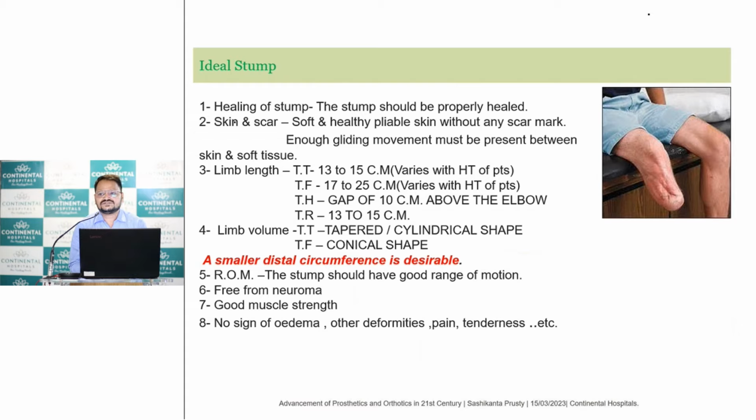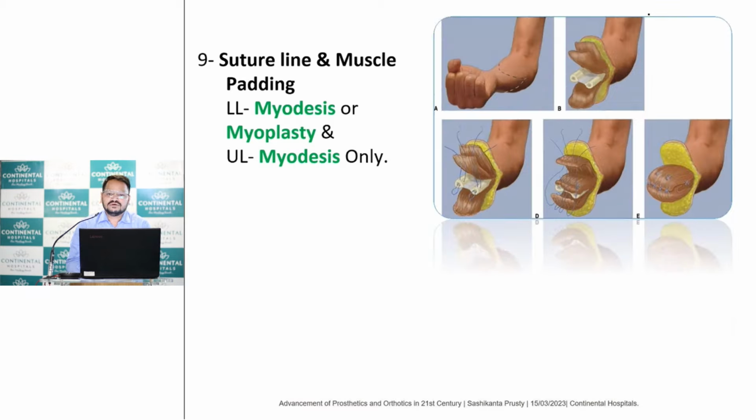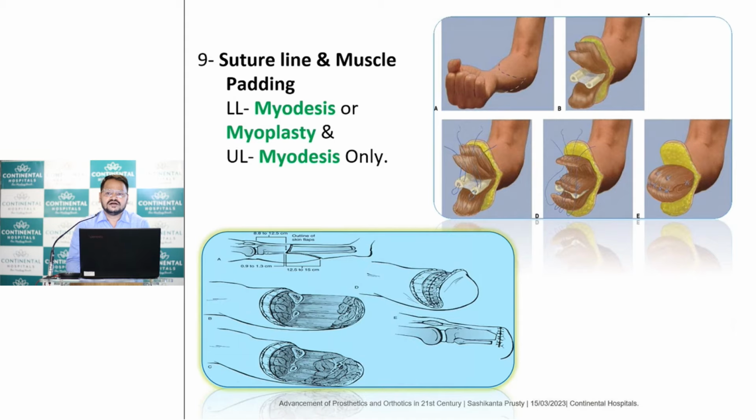But we have to see the management, like compression and swelling. If any specific wound is open, we should not start the prosthetic treatment. We should wait till the wound heals properly. Suture lines and muscle padding are normally recommended for prosthetic designs.